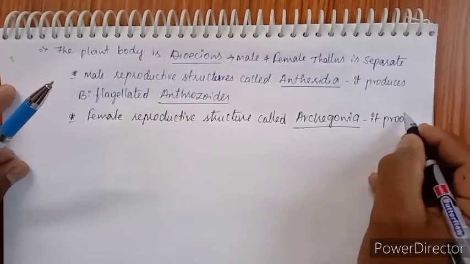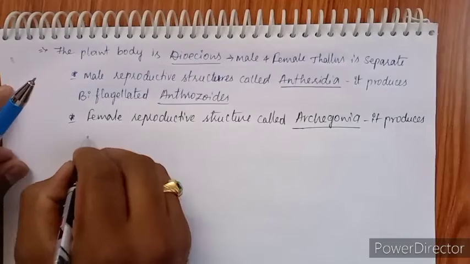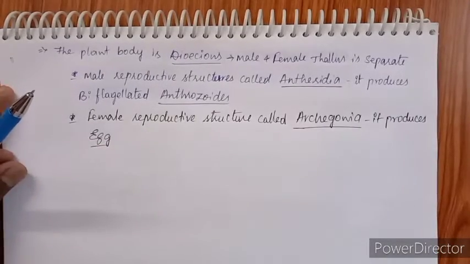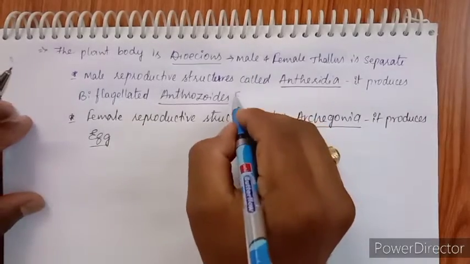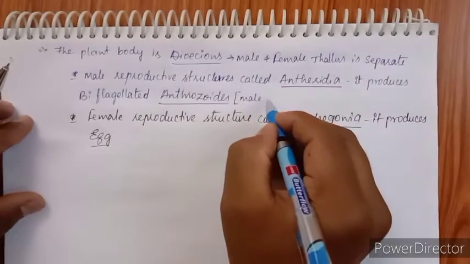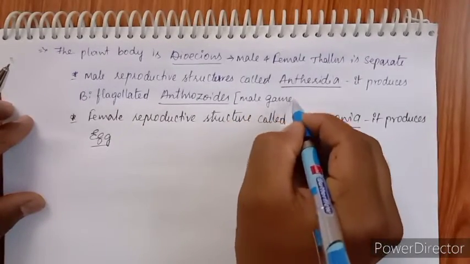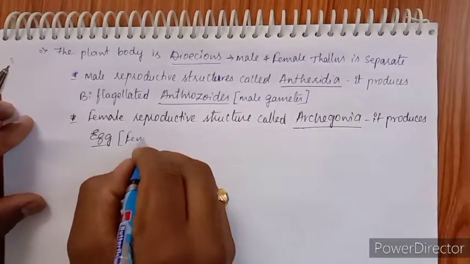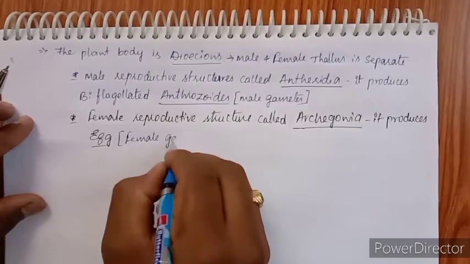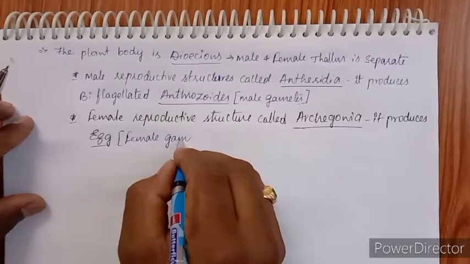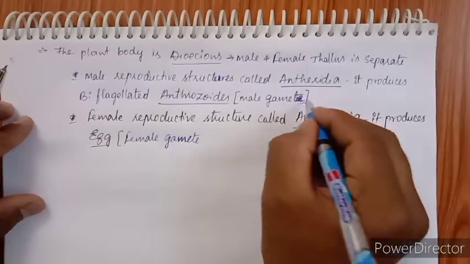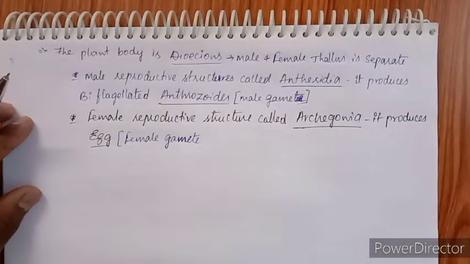It produces the egg. So the anthrozoids are called male gametes and the egg is called the female gamete. This is the male gamete and this is called the female gamete.